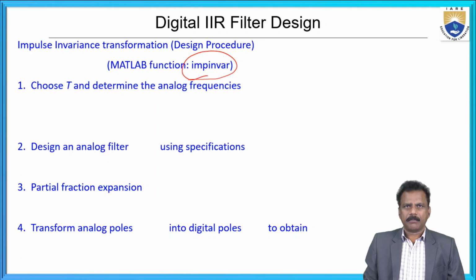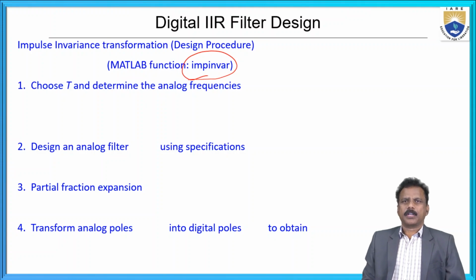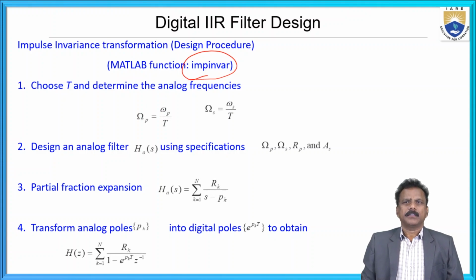We will verify one by one, like choosing capital T and determining the analog frequencies. We have to remember these relations: sigma p is equal to omega p by T, sigma s is equal to omega s by T.